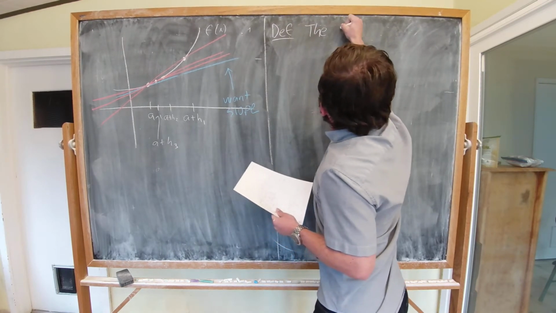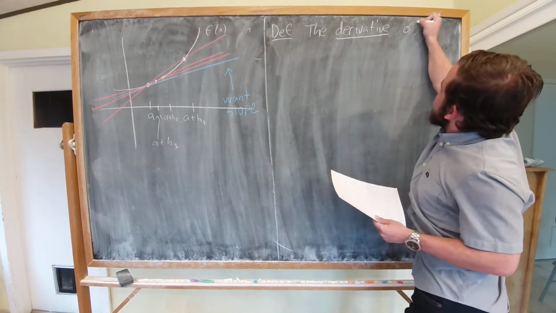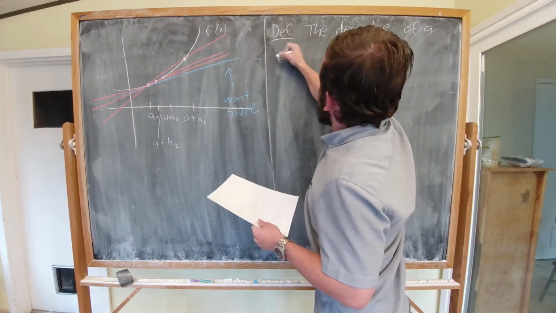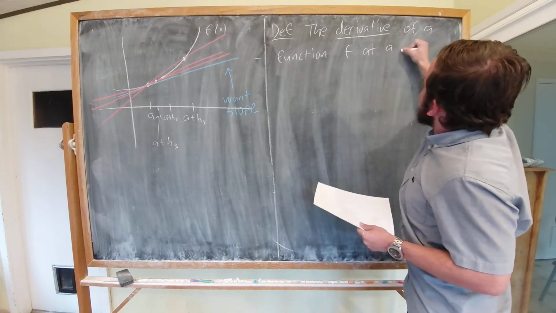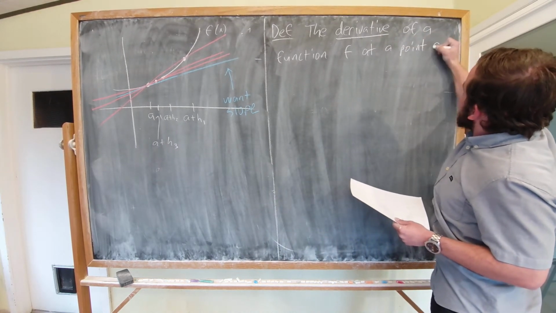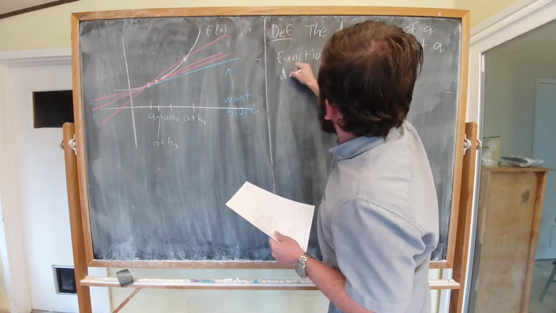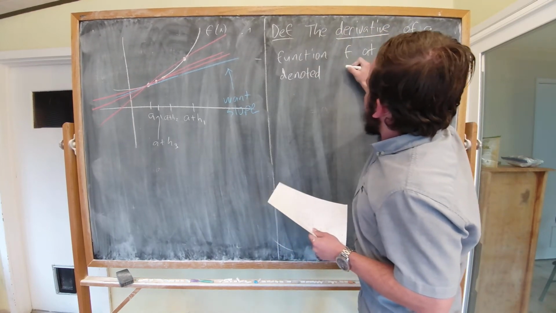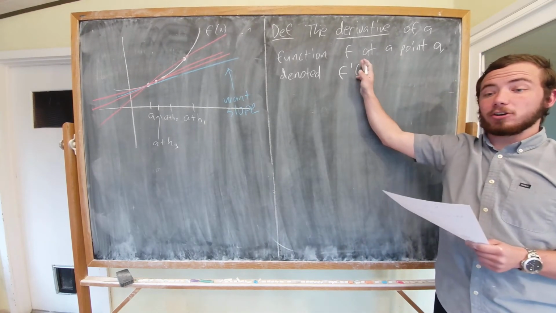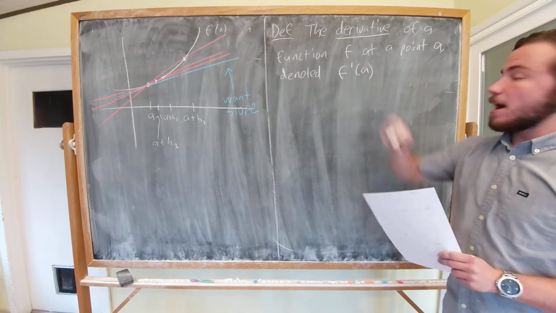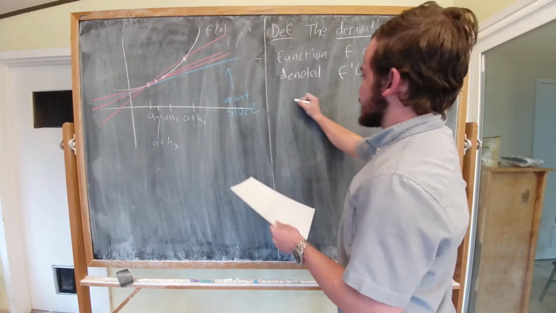The derivative of a function f at a point A, which we will denote as f prime of A. So it's f with a little tick mark, accent mark, and we read it as f prime of A, is given by the following formula.